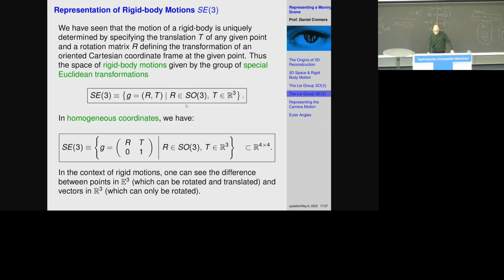So this is a group that is not a 3-dimensional group, but a 6-dimensional group. 3 degrees of freedom in the rotations, 3 degrees of freedom in the translations. With the translational degrees, you see them here very explicitly.